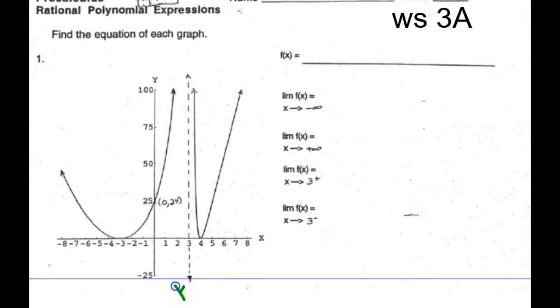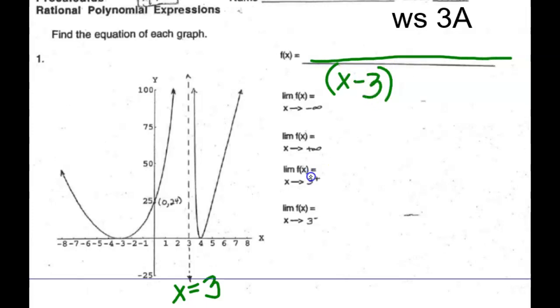A vertical asymptote at x equals 3. What does that mean? It means the denominator has a factor of what? X minus 3. Okay? We're going to talk more about that in a second. Where are the zeros? Can you tell where it's hitting the x-axis? -3 and 4. What does that mean?